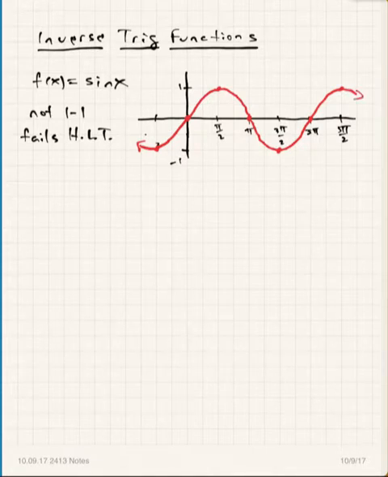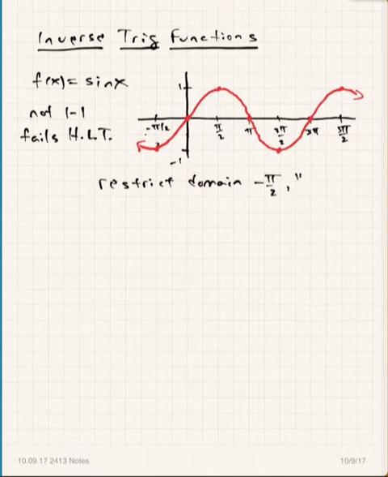So what we do is we restrict the domain for this function, and we restrict it to just x values between negative pi over 2 and pi over 2. And so we look at what's called the restricted sine function.